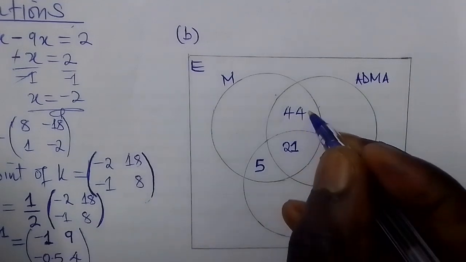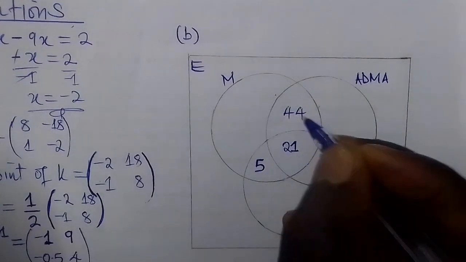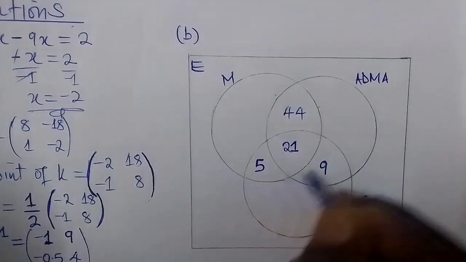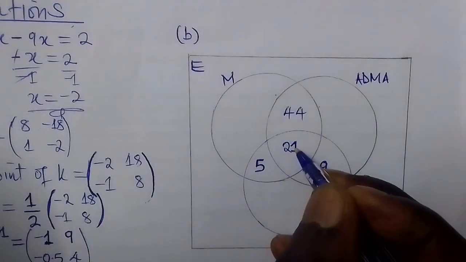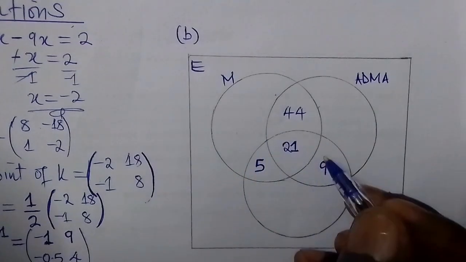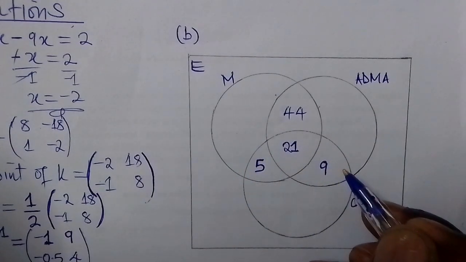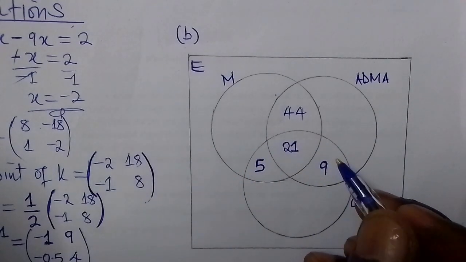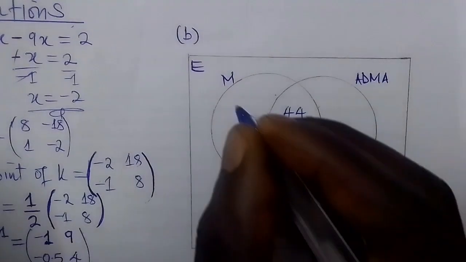So what do we get when we add 5 plus 21 plus 44? So already this gives us 70. So then if we have to fill up what is supposed to be in math only, then it means we need to subtract 170 take away 70. So this will give us 100.